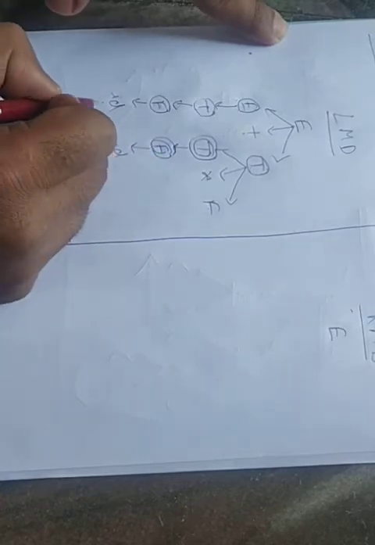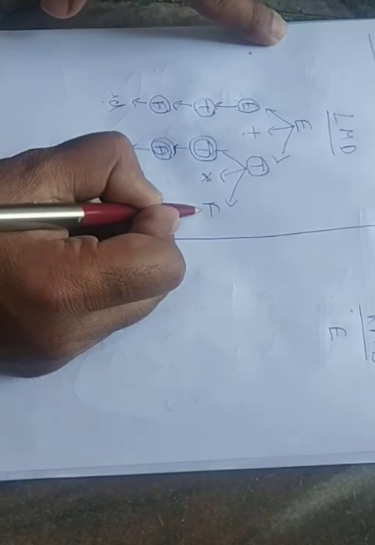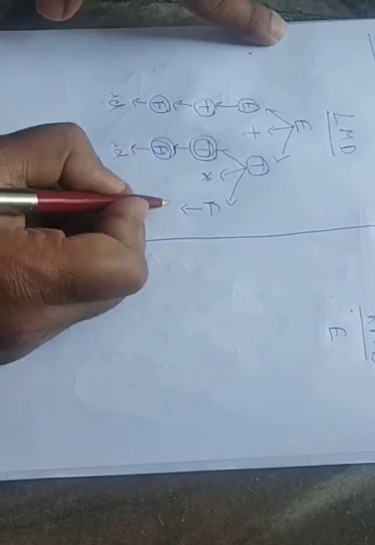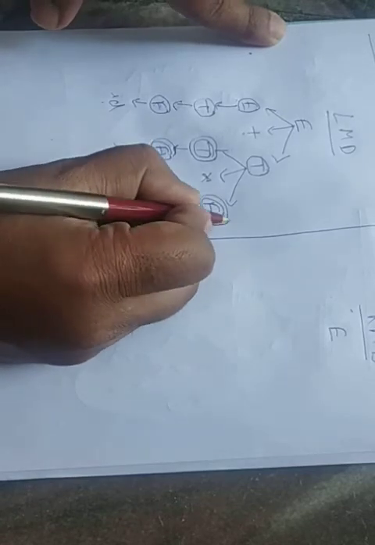So I got ID plus ID star. Now only one variable is left, that is this F, and by the last rule, F produces ID.